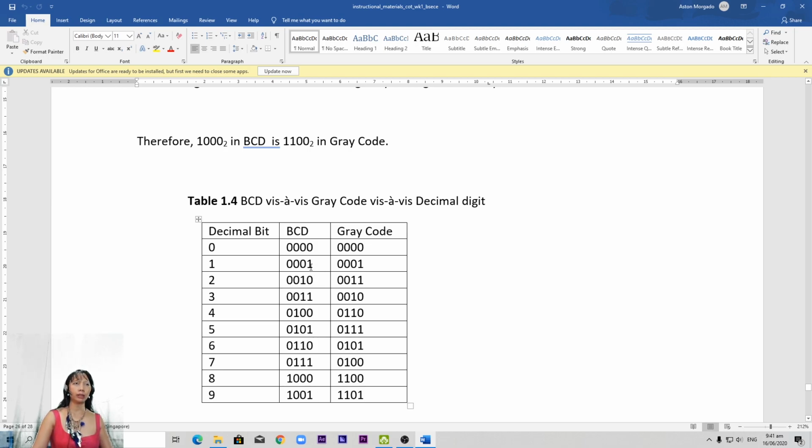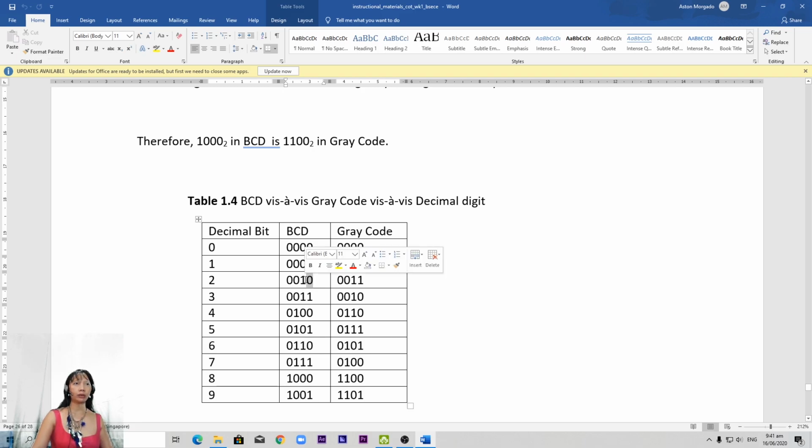Okay, so how about the gray code of 0001. Okay, 1 XOR 0 is 1, 0 XOR 0 is 0, 0 XOR 0 is 0, and then bring down 0. So we have it here. Okay. Next, 0010. Okay. 0 XOR 1 is 1. So you have the first answer here. 1 XOR 0 is 1.